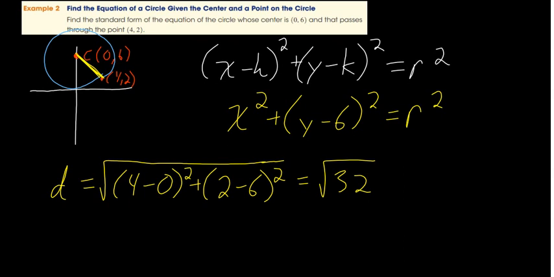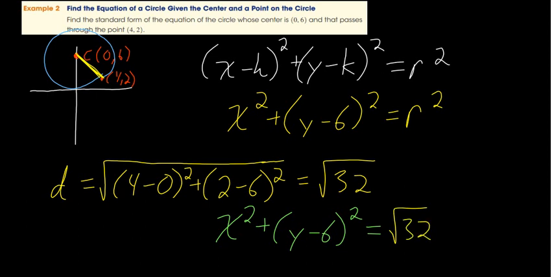So what we're going to end up with is an equation that is x squared plus (y minus 6) squared equal to the square root of 32, squared. Well, what do we know about squaring something that's in a square root? They cancel, right? It just basically cancels with itself. So it just becomes simply a 32.